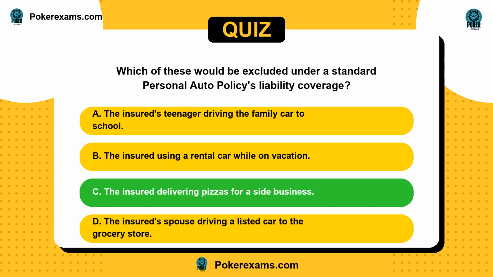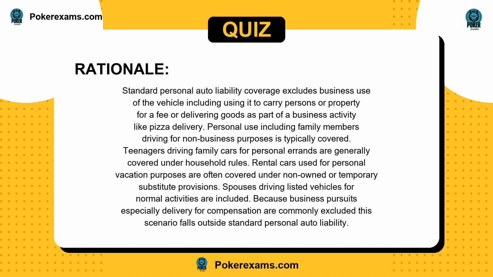The answer is C. Standard personal auto liability coverage excludes business use of the vehicle, including using it to carry persons or property for a fee or delivering goods as part of a business activity like pizza delivery. Personal use, including family members driving for non-business purposes, is typically covered. Teenagers driving family cars for personal errands are generally covered under household rules.